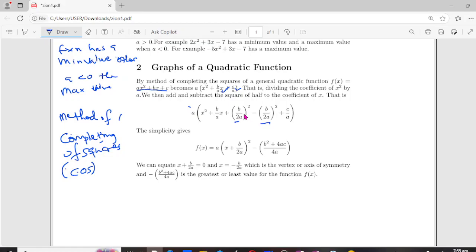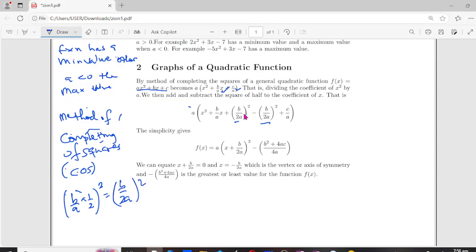So what we will concentrate on is the coefficient of x here, which is b over a. So what we do to the b over a is that we multiply it with half and then we square it, so that we have what? B over 2a all squared.